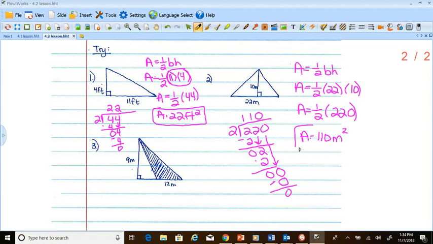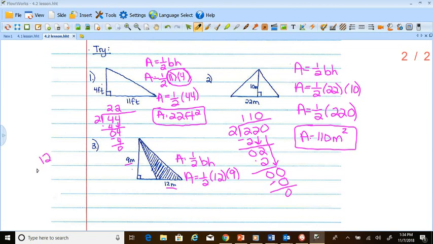Okay, we're going to do one more over here. Area of a triangle is half base times height. We fill in the information that we know. Our base is a 12. Our height, we talked about this, how it's off to the side, and that's okay, is a 9. Now I'm going to go ahead and multiply my base and my height.